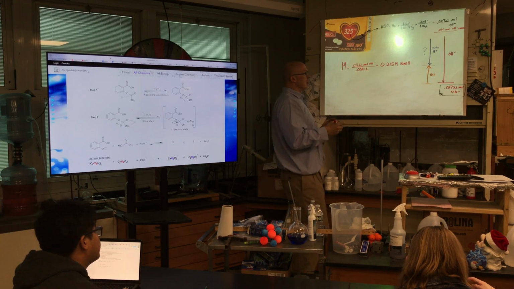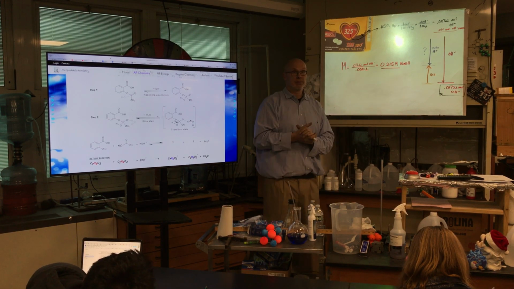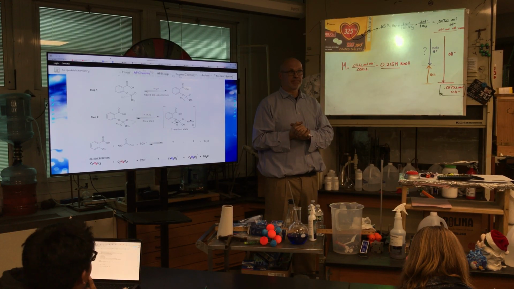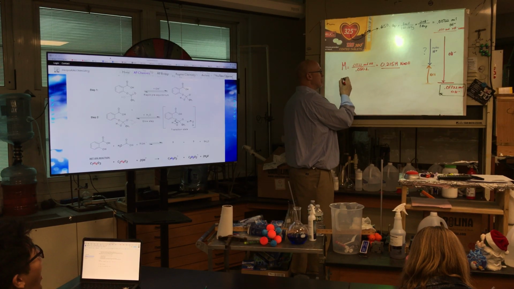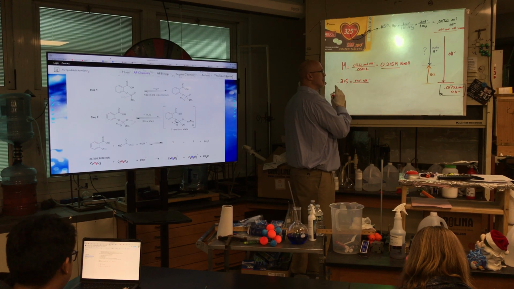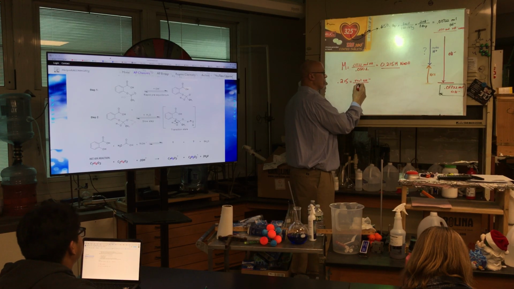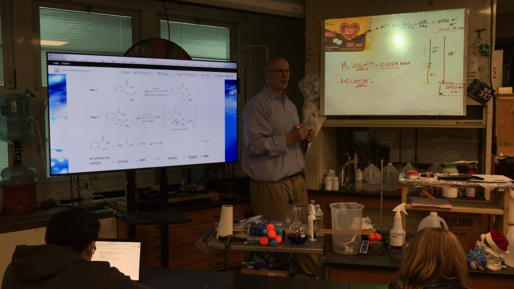Well, I want to make 0.215 molar in a 100 milliliter flask. So I got to figure out how many moles it takes. So the molarity is 0.215. We're going to solve for the moles of the hydroxide we need. And we're going to make this in how much? Yes, so 0.100 liter.